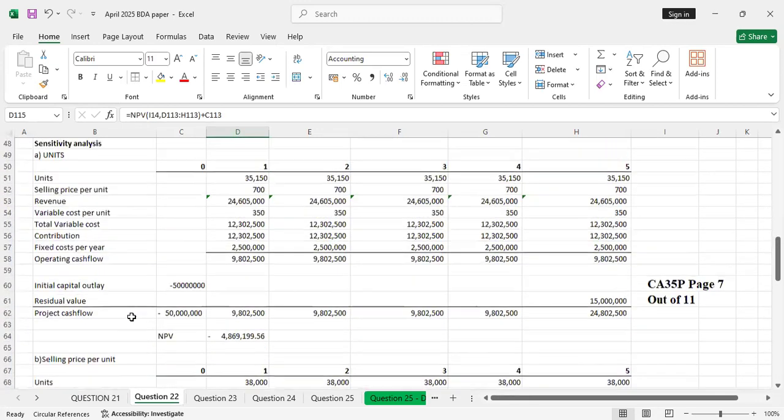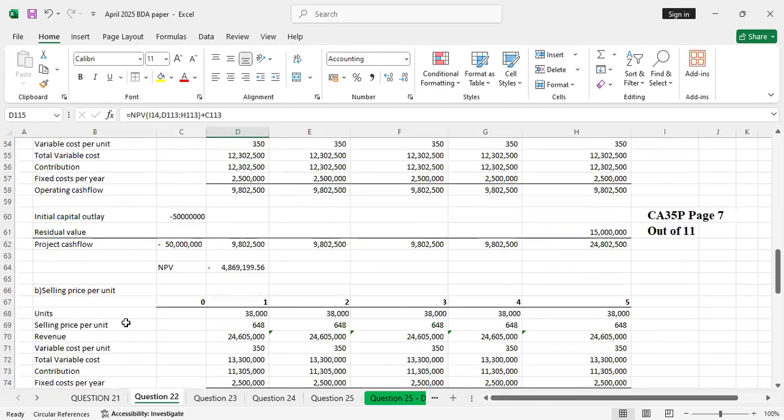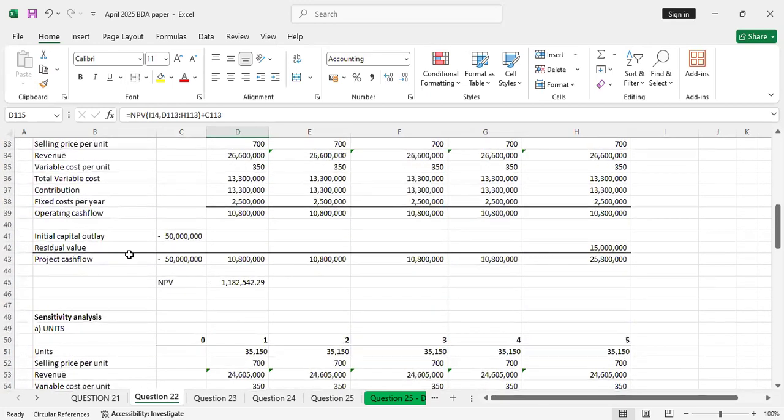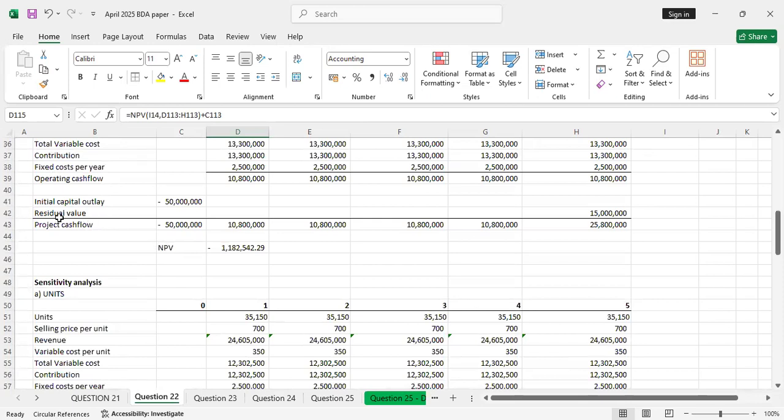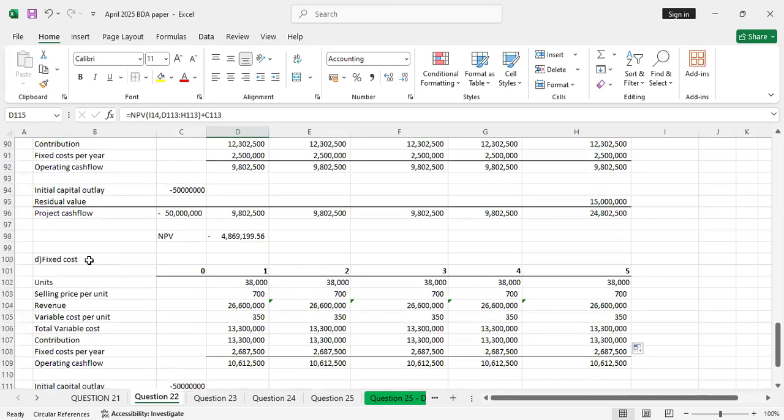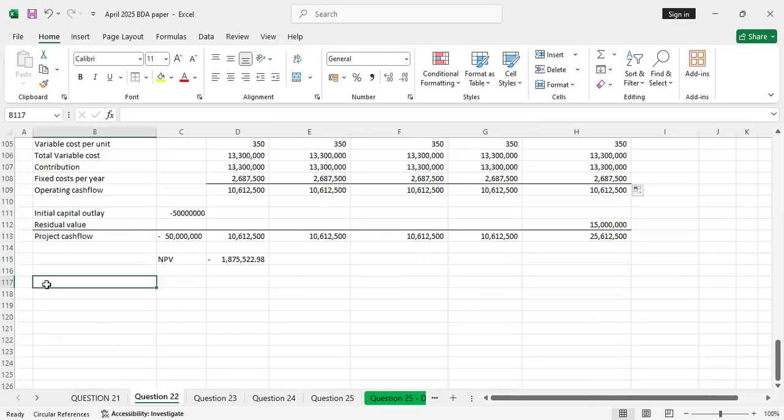Then the last one will be the initial capital outlay, because we are not going to deal with the residual value. So E, and you see there were 5 marks. For each sensitivity you do, they give you 1 mark.